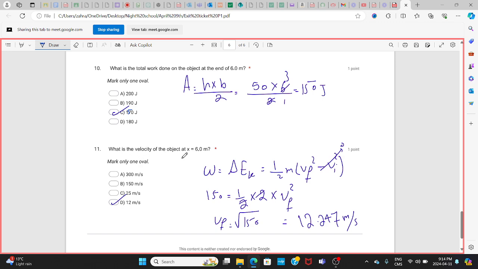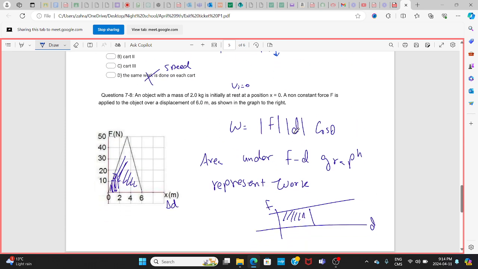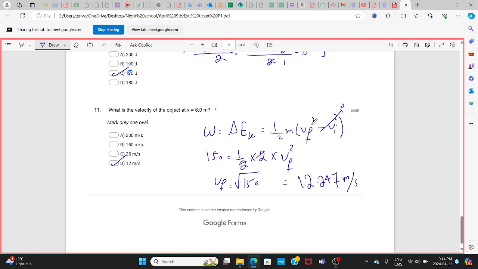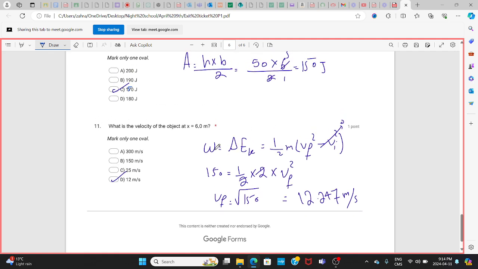What is the velocity of the object at x equal to 6 meters? Since I know the work is the change in kinetic energy, and the object is initially at rest, the velocity at the beginning is 0, and I got the work here from the previous step.